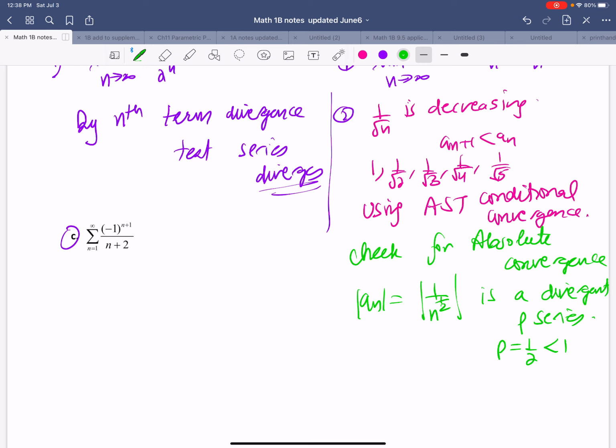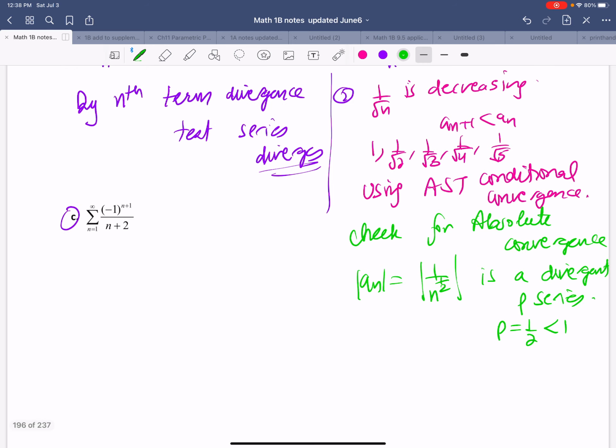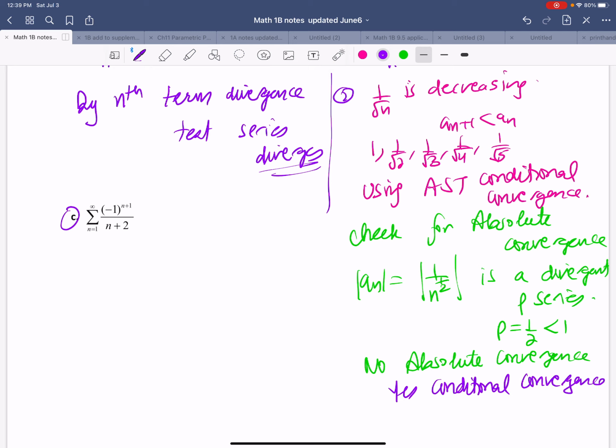If p lies between 0 and 1, then the series diverges. So in this case, no absolute convergence, but we do have conditional convergence. Yes, we have conditional convergence here. Okay, next example, part C.